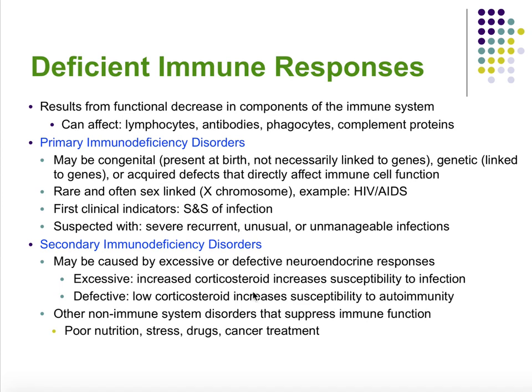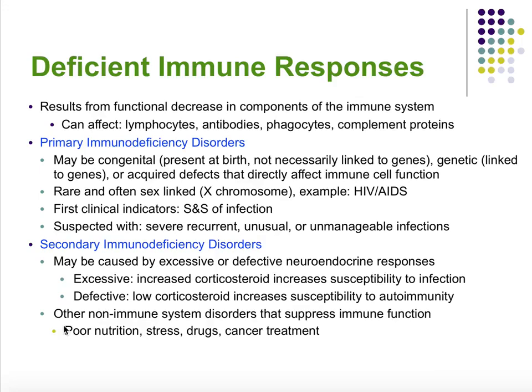So having too much corticosteroids and cortisol might or will suppress the immune system, and as a result, you might get sick much more often. Also, we have defective hormones. So low corticosteroids can also cause immune deficiency, because in this case, it makes you more susceptible to autoimmunity.